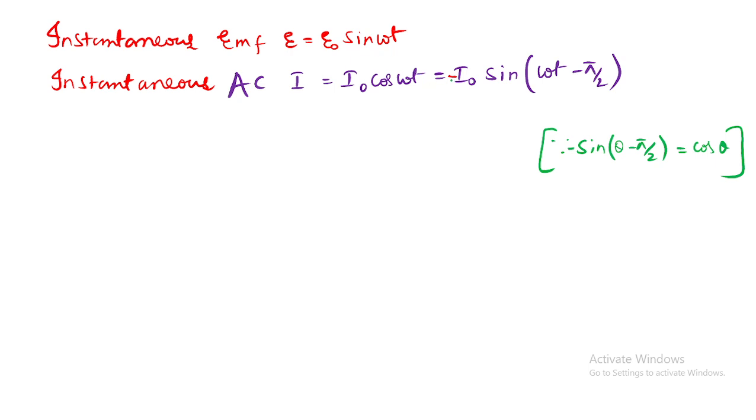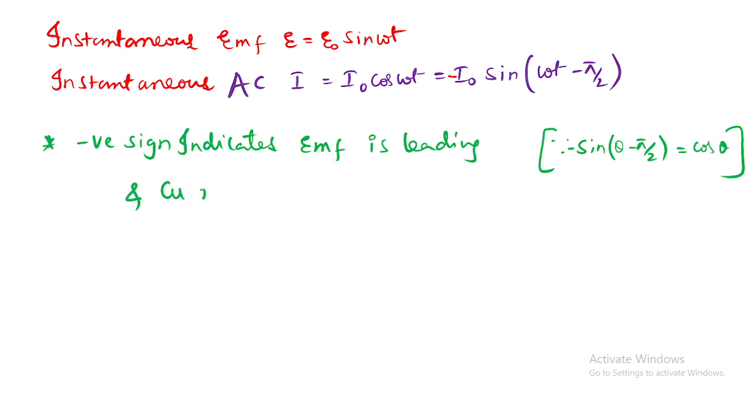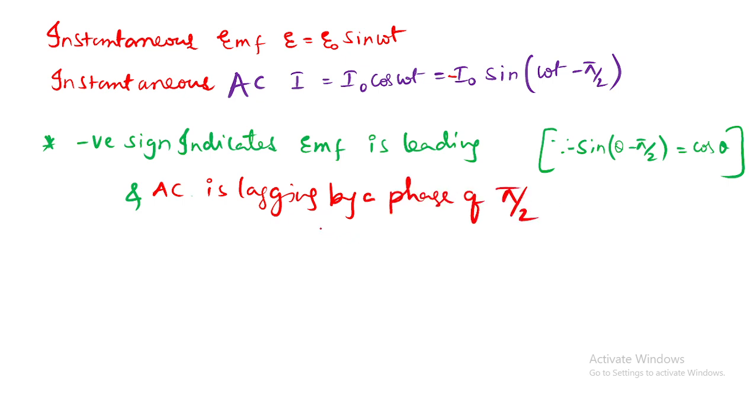So the negative sign is there, this one. I'll write about that also. The negative sign indicates EMF is leading and current, meaning AC, alternating current or induced current, is lagging. AC is lagging by a phase of how much? Pi by 2.